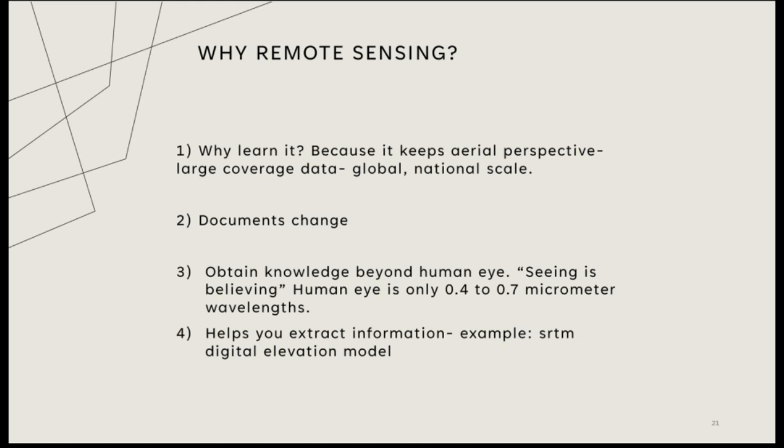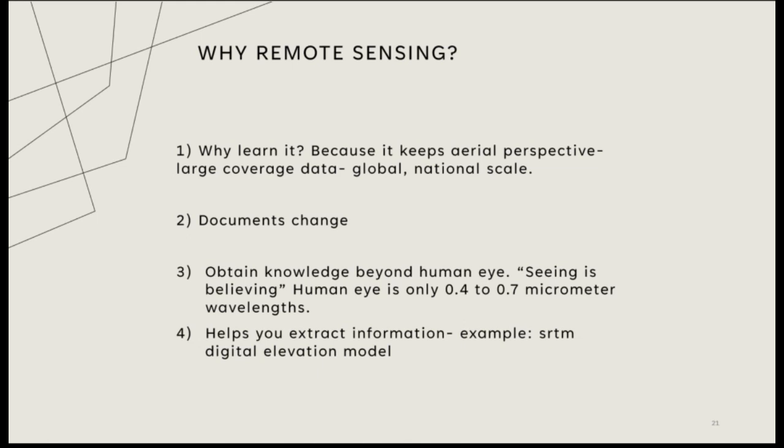The third reason for remote sensing is, I like to quote the famous quote here, seeing is believing. The human eye is only capable of seeing 0.4 to 0.7 micrometer wavelengths, and that is a very small portion of the electromagnetic spectrum.